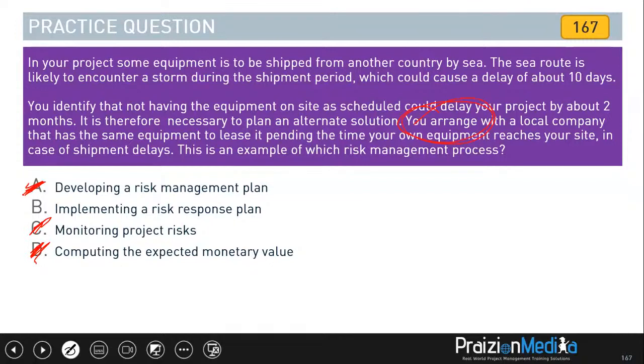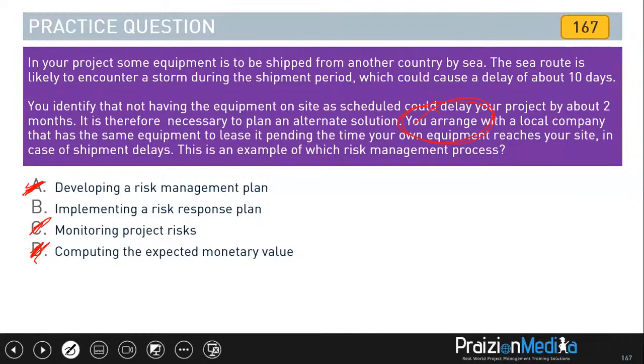See, you arrange with a local company. You have the equipment. We want to make sure we got your equipment to back us up. You're implementing a risk response plan. What you're doing is you are trying your best to stem the tide, the impact, if that risk happens.